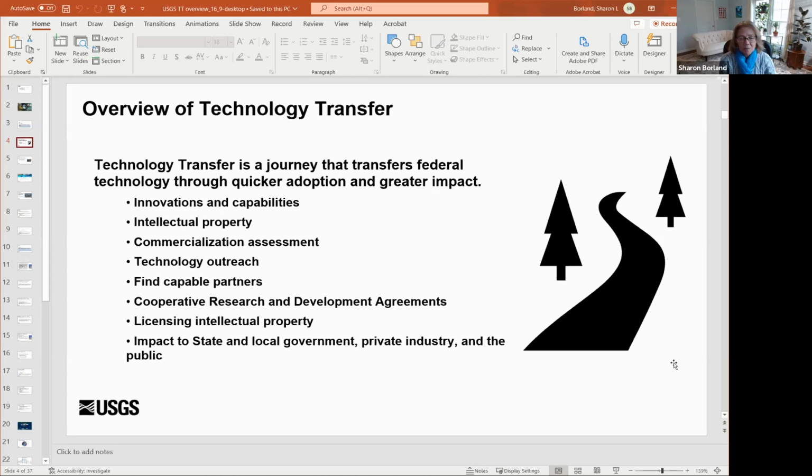We'll talk a little bit about cooperative research and development agreements and how we can license our intellectual property. Altogether, doing technology transfer from the federal laboratory to the private sector provides great impact to state and local governments, private industry, and the public at large.